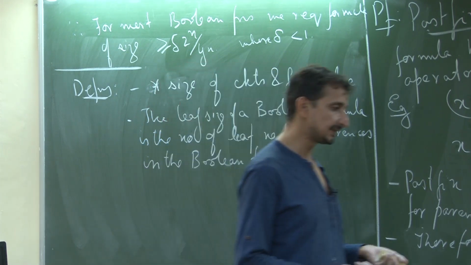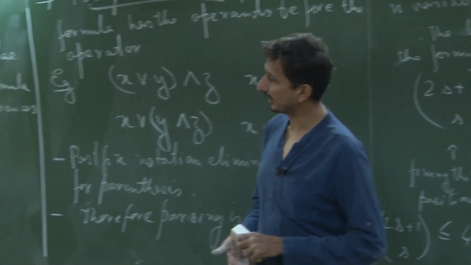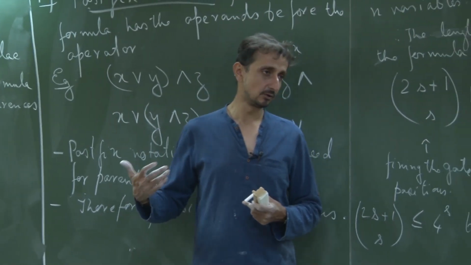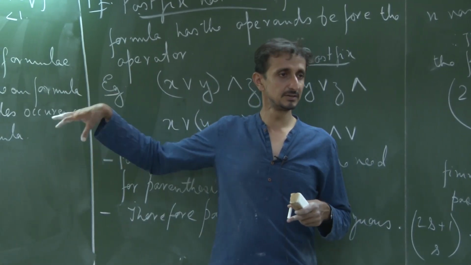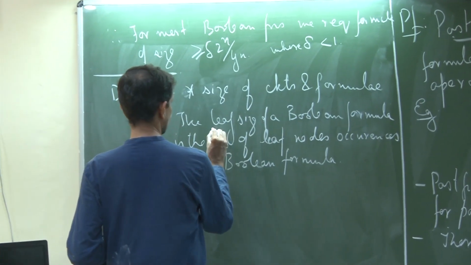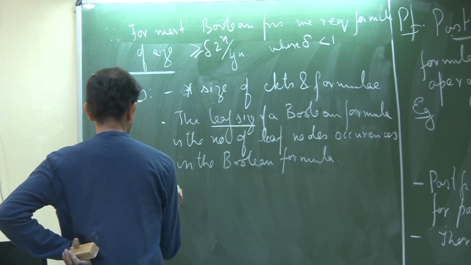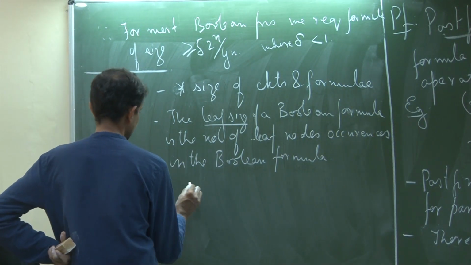Again, as I said, in the Boolean formula you can have the same variable which occurs multiple times. For each different occurrence of that variable we will count it again. So it is the total number of leaf nodes. I am not saying it is the total number of variables. So this is called the leaf size, and then we have the star depth.